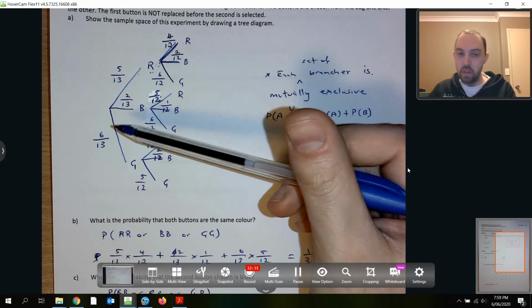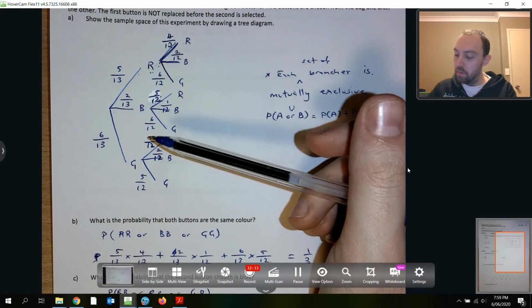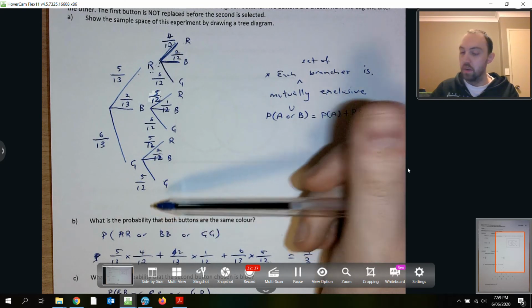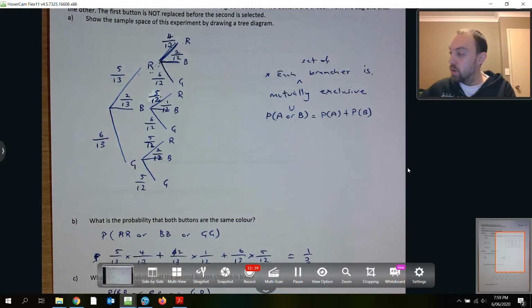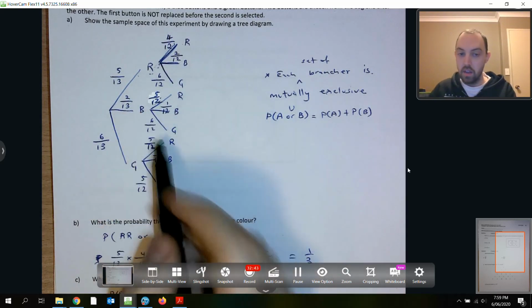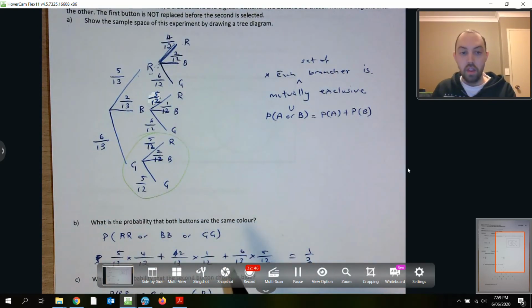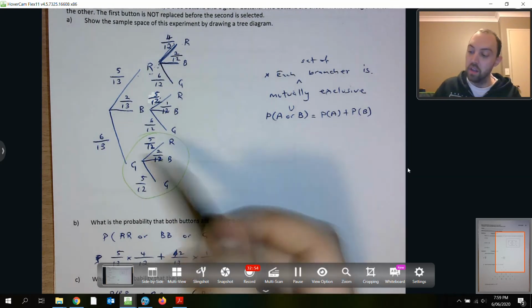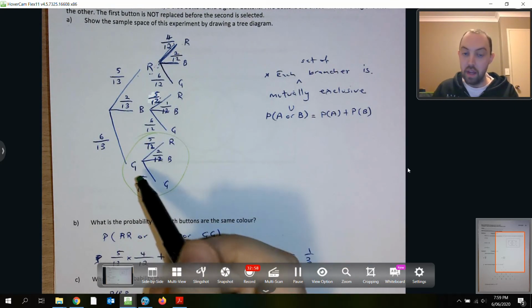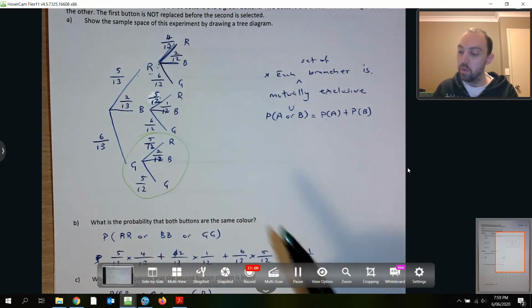I don't have to do the conditional probability formula, where I'm doing the probability of both of them occurring over the probability of the green, because the probability that the first one is green is now just this set of options.